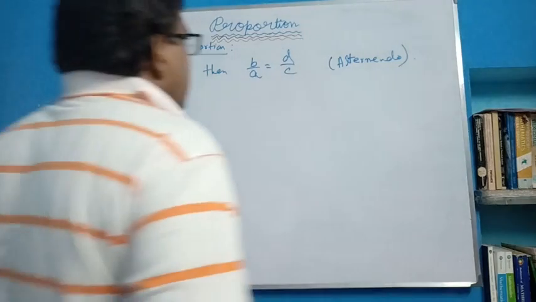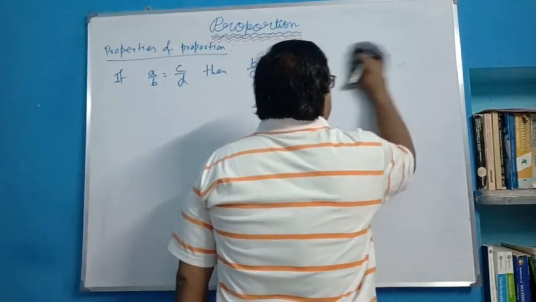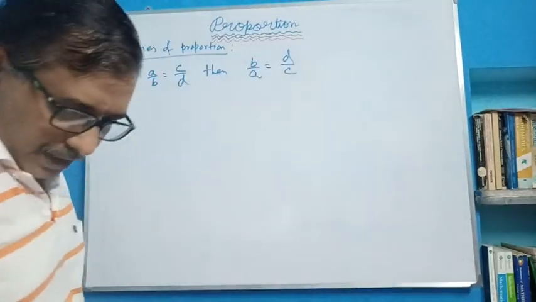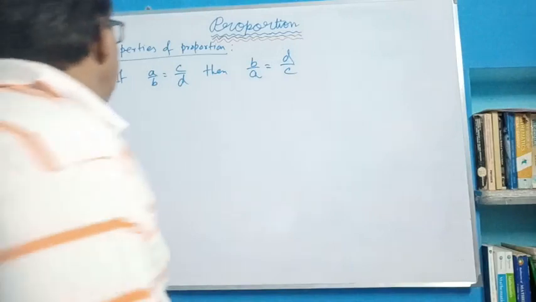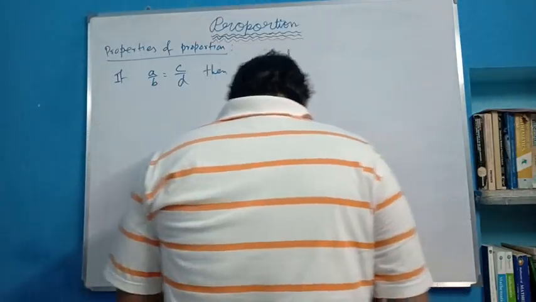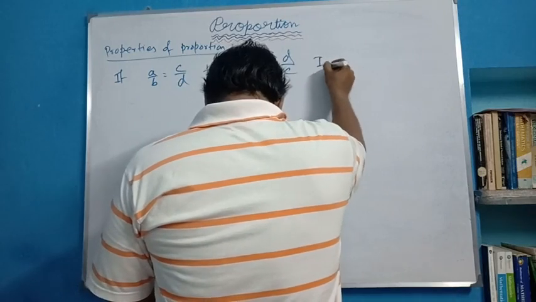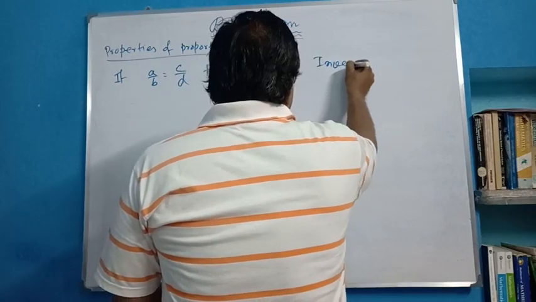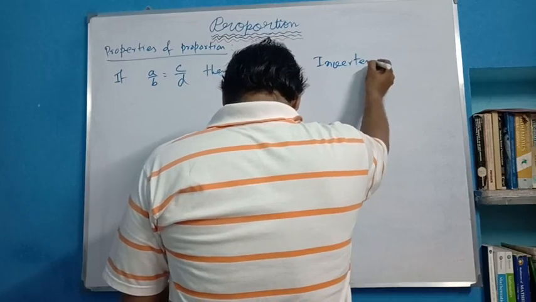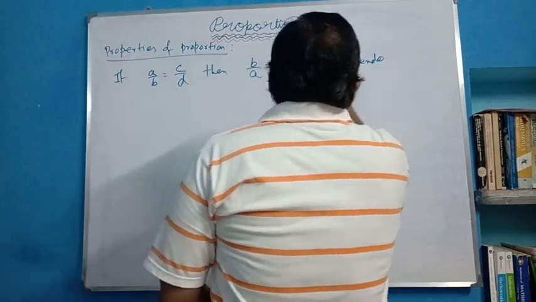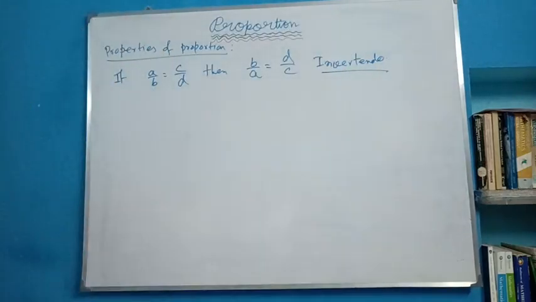Take the inverse: instead of A by B we write B by A, and instead of C by D we write D by C. So it is invertendo. Just take the inverse.